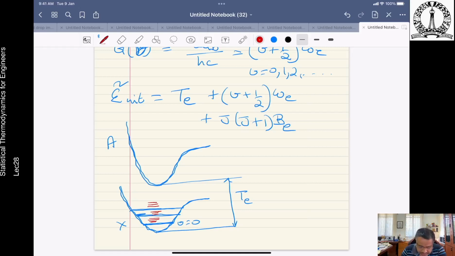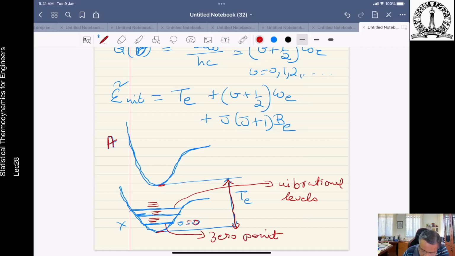Now, what you see is that these are basically the vibrational levels. TE is the difference between the two minimums that you are talking about. This is A, one level higher, and this is V equal to 0. This is not at the end because of the zero point energy. Now you go to the other level here.